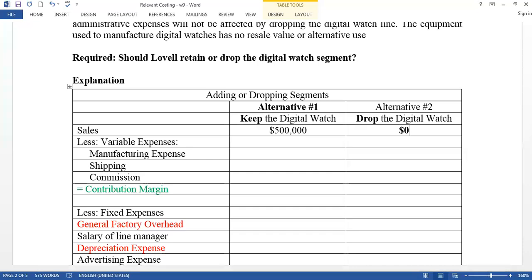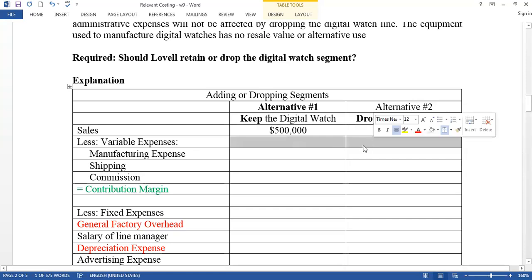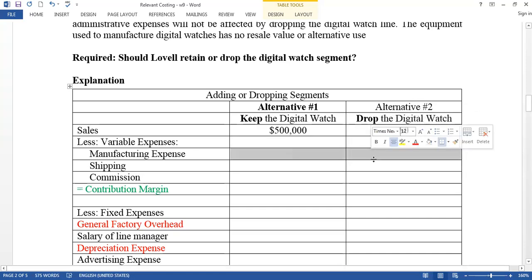No, you don't have any revenue because you want to drop it. You don't have any digital watch. If you don't have any digital watch, you cannot sell it, you cannot have revenue. So if you keep, you have revenue. If you don't keep it, you don't have revenue. So there is a difference, right? If two numbers are similar, then there is no difference.